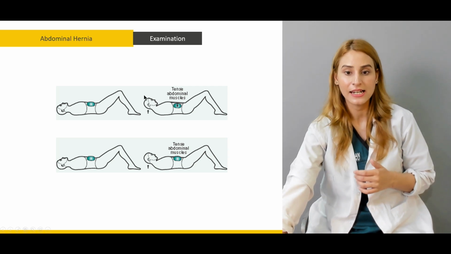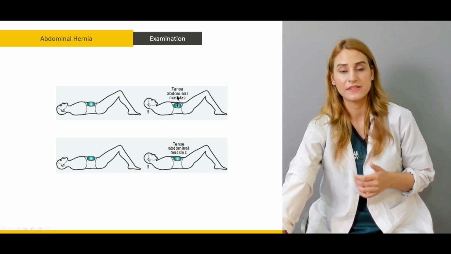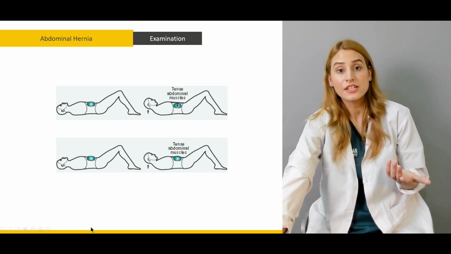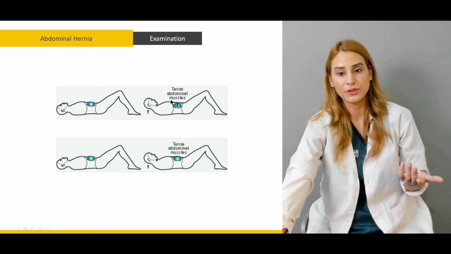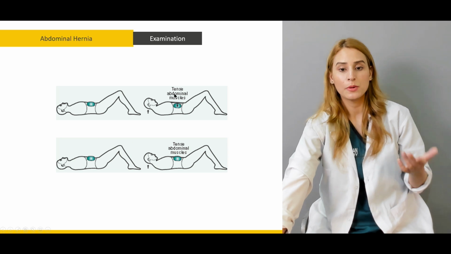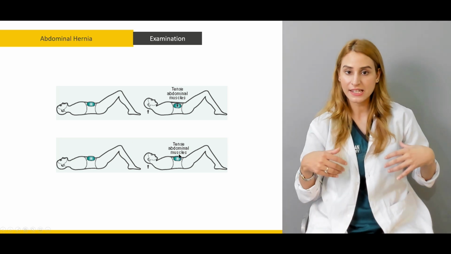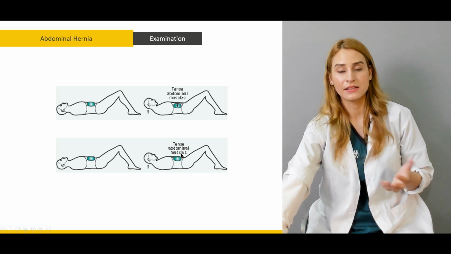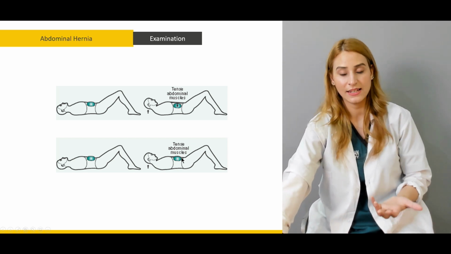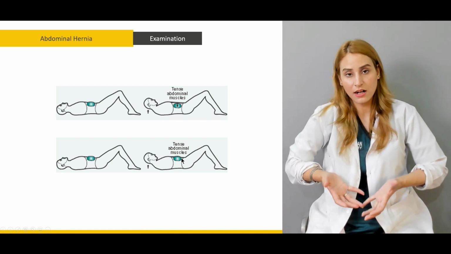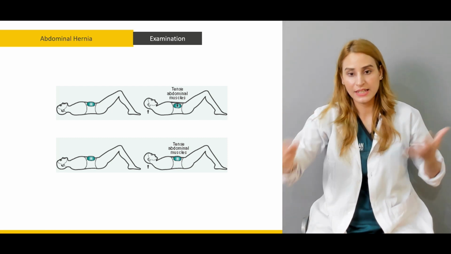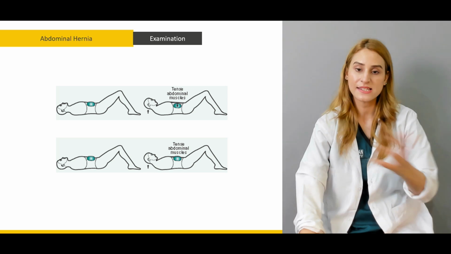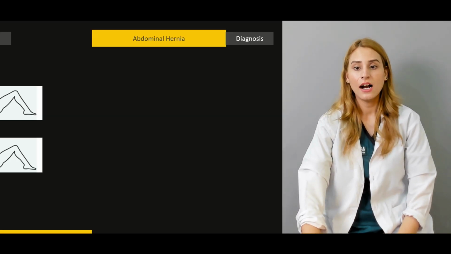Here you can see that, because it tenses the abdominal muscles, if there's a swelling in the anterior abdominal wall that was deep inside, whenever he flexes the leg and also elevates the head, there is tension in the abdominal muscles, and obviously the content is pushed outside and the hernia becomes visible. So that's how you can examine the patient.